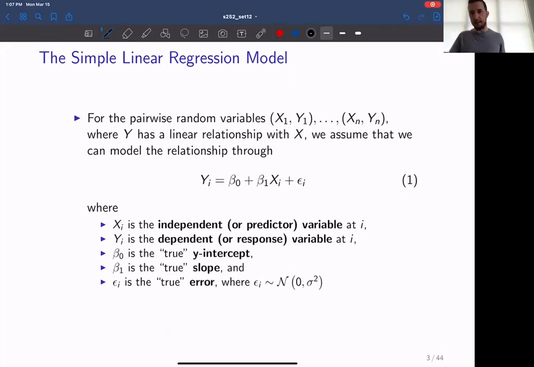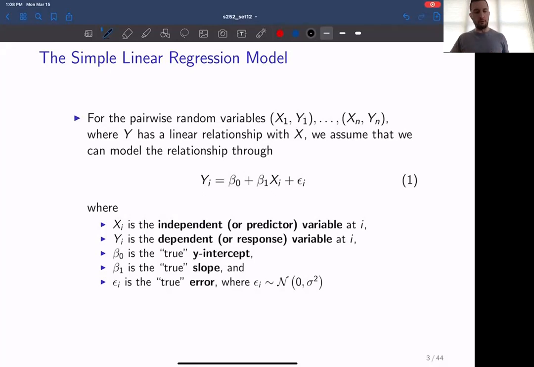So the idea here is we are saying y is a function of a constant plus a constant multiplied by x, which is your explanatory value, plus some error. The error term is effectively saying that we don't expect the relationship to be perfect. We always expect the points to deviate from the line at least a little bit.